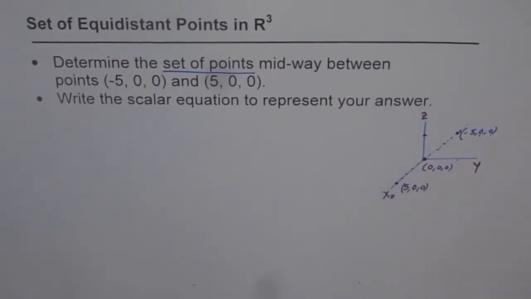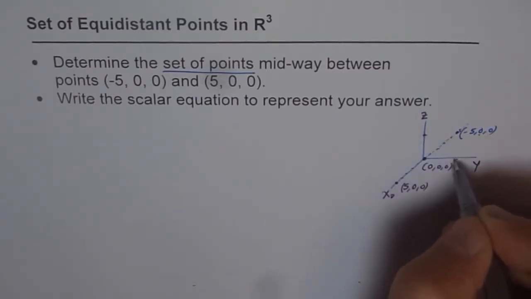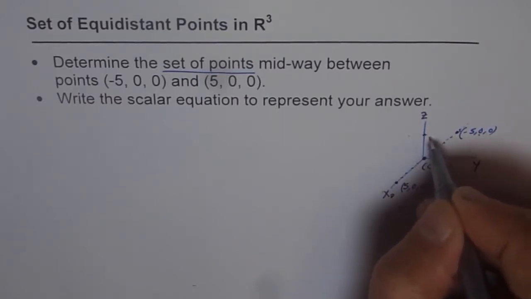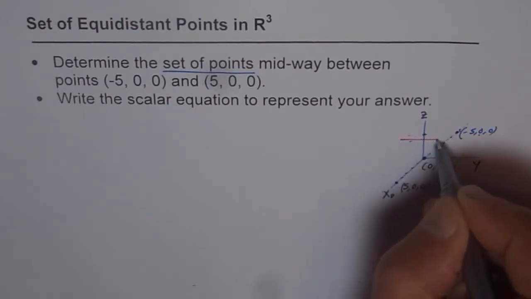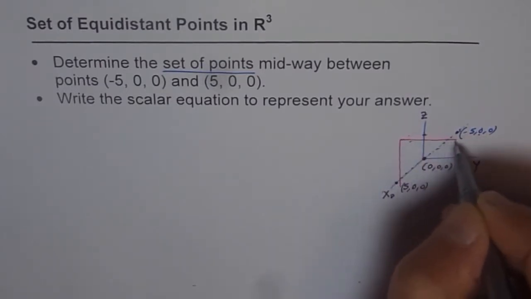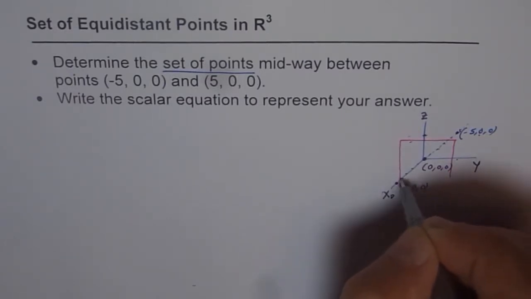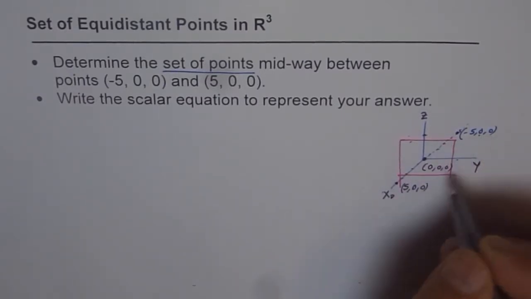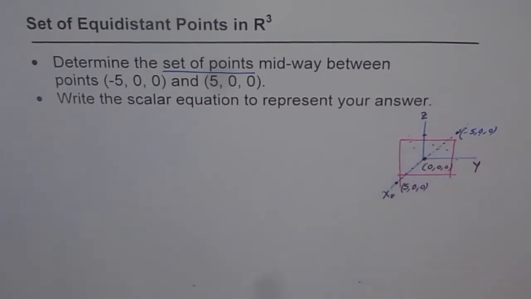So what we realize here is that the YZ plane itself is equidistant. Every point on this plane, so let me just draw a small one here. As you know, the planes really extend from positive infinity to negative infinity. So as you can see, any point on this plane will be the same distance from the given points. So that is what our solution is.